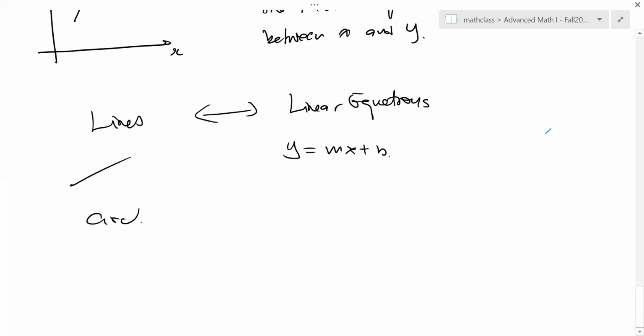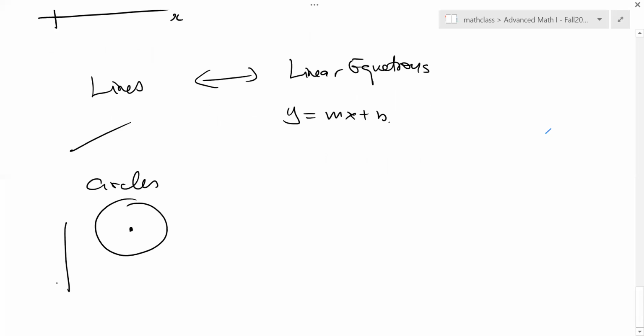And for circles, it depends on where you choose the origin. The center is fixed once the circle is given, but the origin can be here. And then its corresponding equation is x minus h squared plus y minus k squared equals radius squared. Right? We will talk about this later. Let's focus on the lines and the linear equations.